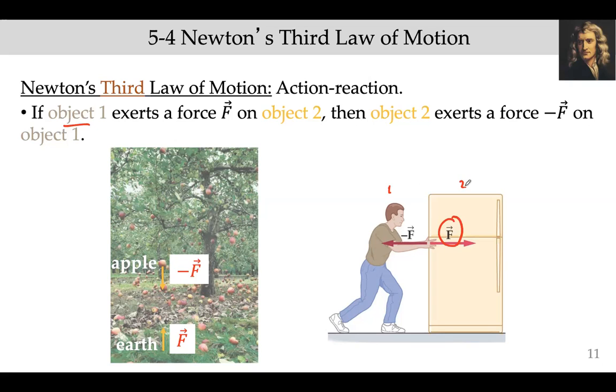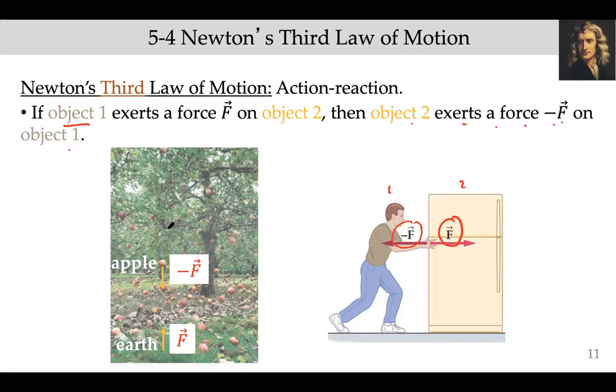Then object two, which is the fridge, exerts a force, negative F, on object one, which is the person. So basically it says if there is a force, then there is also another force which is exactly in the opposite direction, but with the same magnitude.